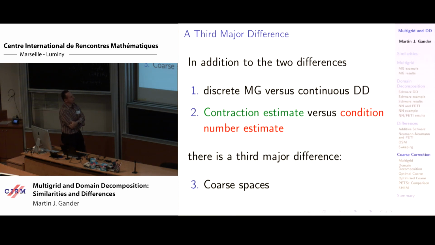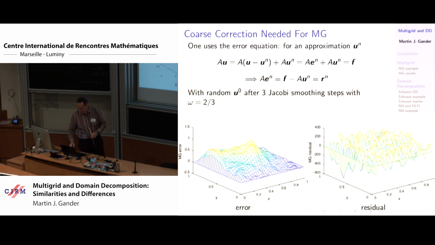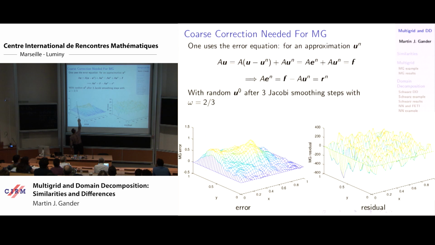There is a third major difference for me. It's coarse spaces, coarse space corrections. And I want to explain this in the remaining time. So what's the coarse correction that's needed in a multigrid method? In a multigrid method, the coarse correction is based on what's called an error equation. And here you see the error equation. I have Au equals f, and I add and subtract my approximation u^n.